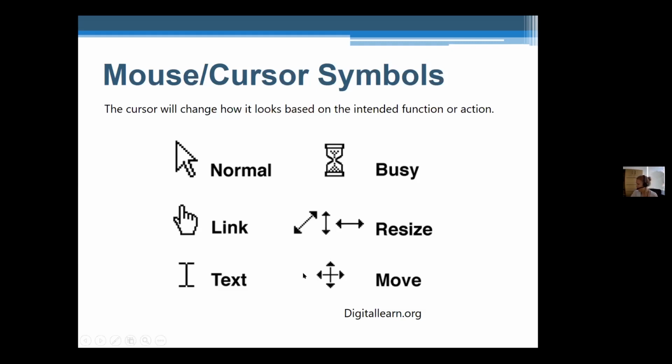I don't know if you can see my mouse going over it too, but this move is whenever you want to move something in PowerPoint or another program, you can hold down the left mouse button and then move something, like move an element on the page. I'll show you that in a minute too.